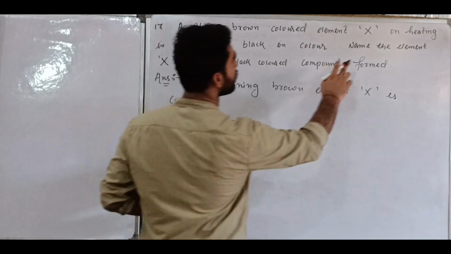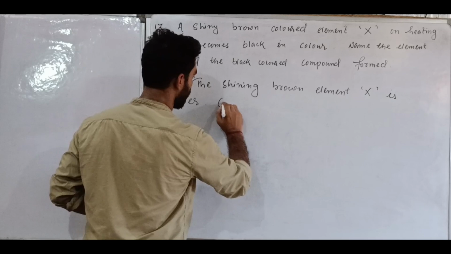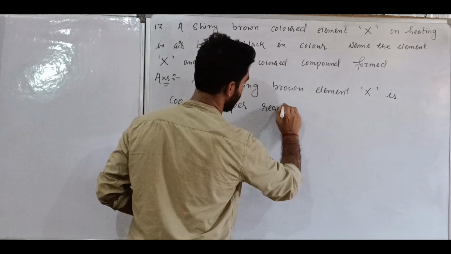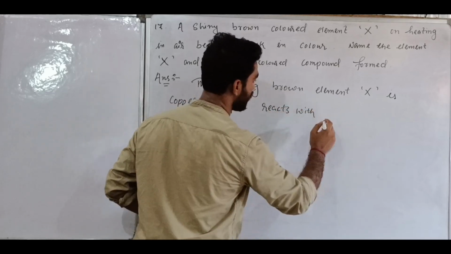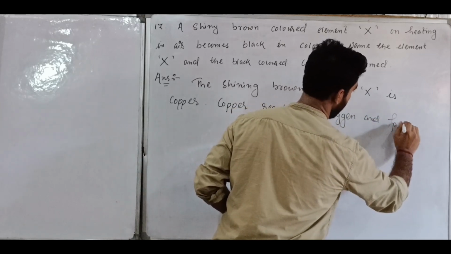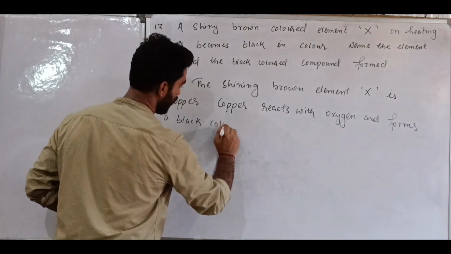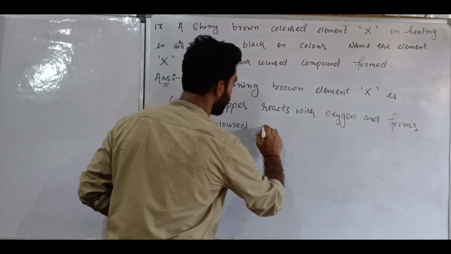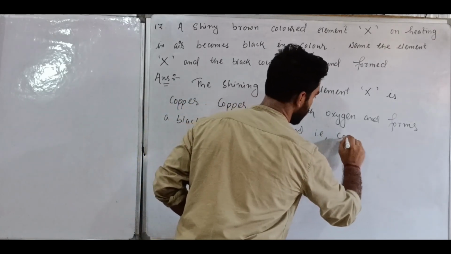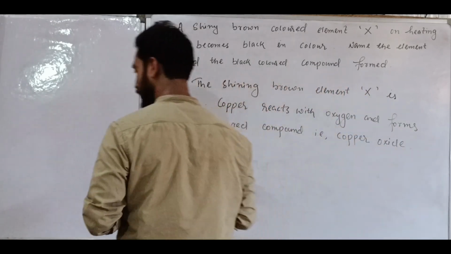Name the element X and the black colored compound formed: copper reacts with oxygen and forms a black colored compound, that is copper oxide.